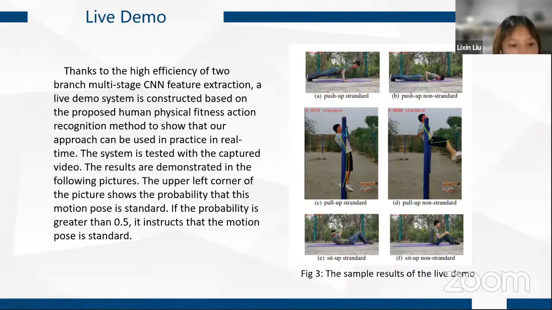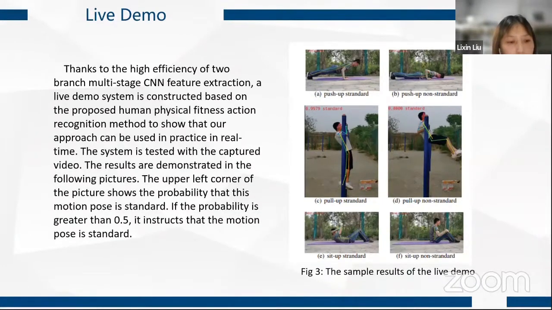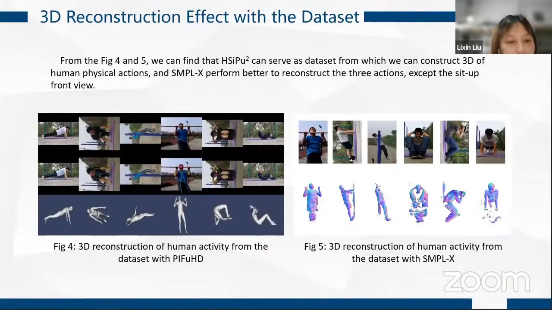The upper left corner of the picture shows the probability that this motion is standard. Moreover, we also evaluated two classic 3-dimension reconstruction models on our data set.